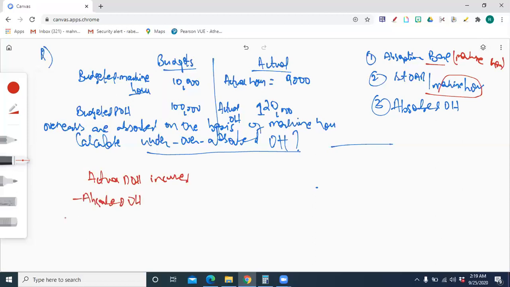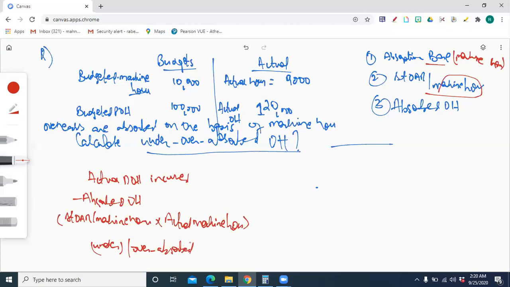Depending upon that base, make it specific, like standard overhead absorption rate per machine hour. Standard is always set, and multiplied by actual machine hours it will give you the absorbed overhead, and then you get a figure whether it's under or over absorbed. You're concerned with this when you're adjusting the under or over absorbed in the profit statement.